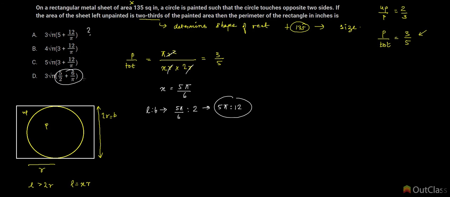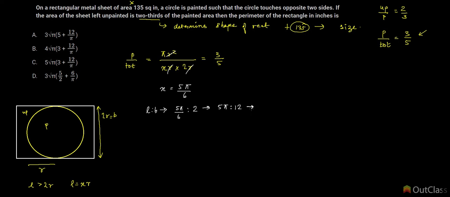This is 5 by 2 and 6 by pi, which is also in the same ratio. At this point, I would say that these are my top two contenders for the correct answer. 3 and 12 pi by 3 and 12 by pi are different ratios. Probably not the right answer. If you're pressed for time, you can choose one of the two and just move on, or mark for review and move on. Anyways, 5 pi is to 12 is the ratio of the length and the breadth.